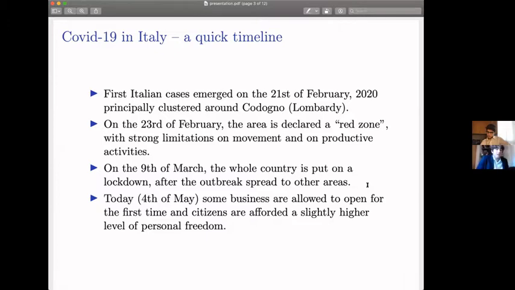For the first time, the lockdown has been somewhat lifted starting from today, the beginning of the so-called second phase, announced some days ago by the Italian Prime Minister. From today on, citizens are afforded a slightly higher level of personal freedom.